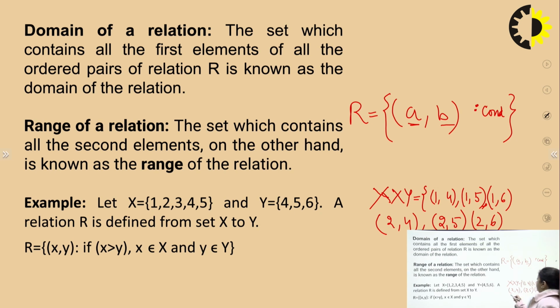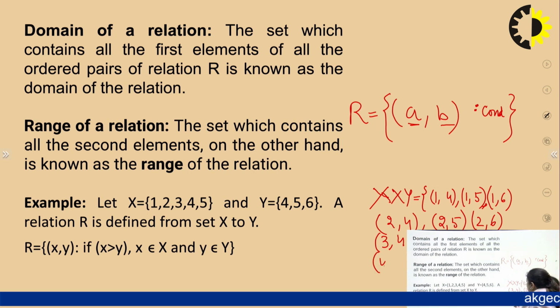Same way the first element will be 3: (3, 4), (3, 5), then (3, 6), and then I will have with 4 all the pairs, (4, 4), then (4, 5) and (4, 6), then for 5, (5, 4), (5, 5) and (5, 6). So this is my Cartesian product.